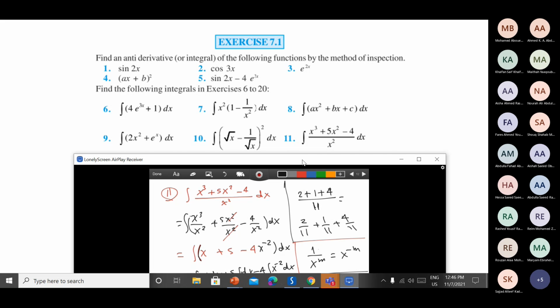Minus 4, I add 1 to the minus 2, it will be minus 1 over minus 1, plus c. I don't like to have a negative power in the numerator, so I can write this one: minus will be plus 4 over 1 over x plus c. I like to write it down like here. Now I finish my turn. Here is your turn. I will stop recording and I will let you try yourself.